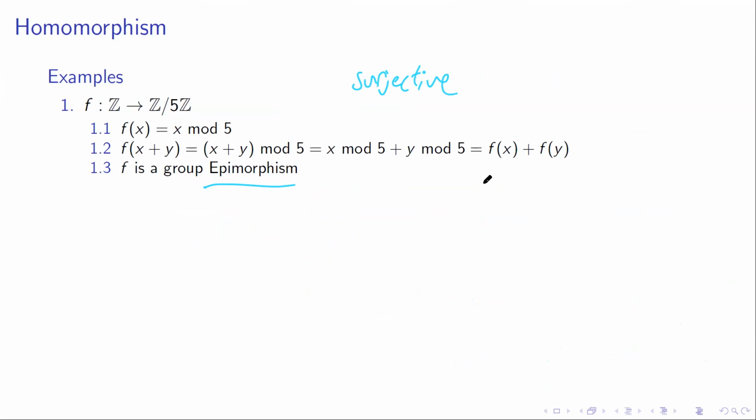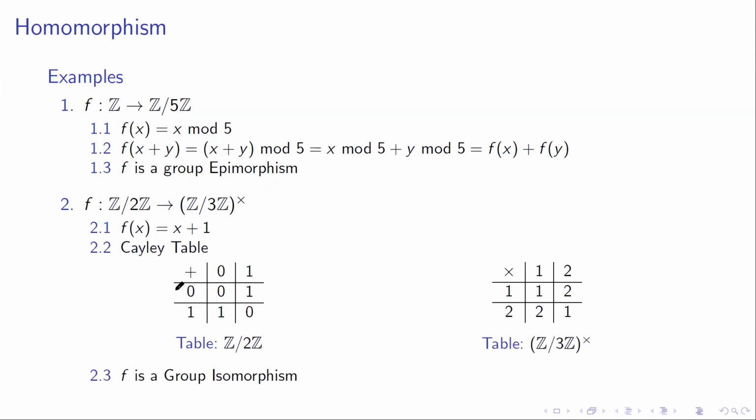Okay. And another example, which is this. How can we prove it? How can we map something from the integers under modulo 2 to the integers under modulo 3 under multiplication? To do this, we can just write down the Cayley table.